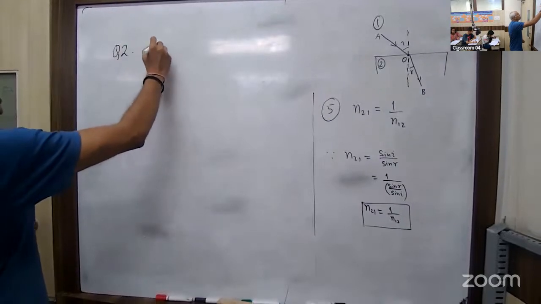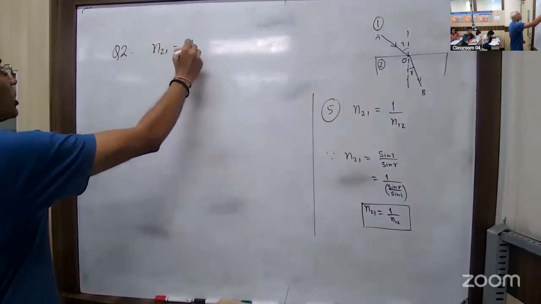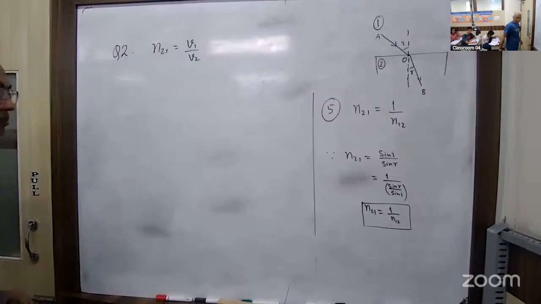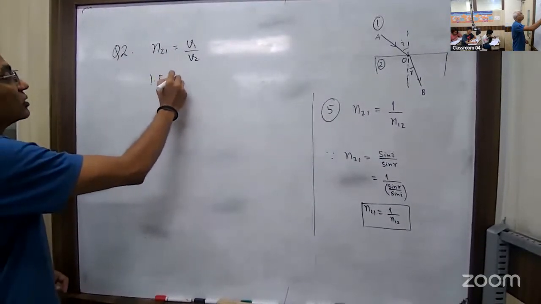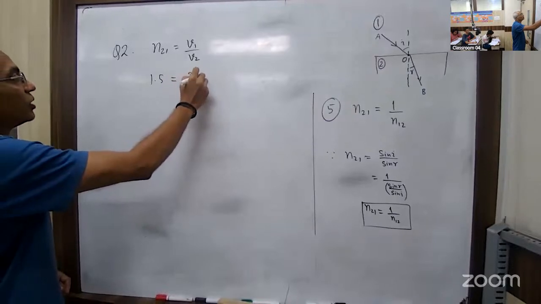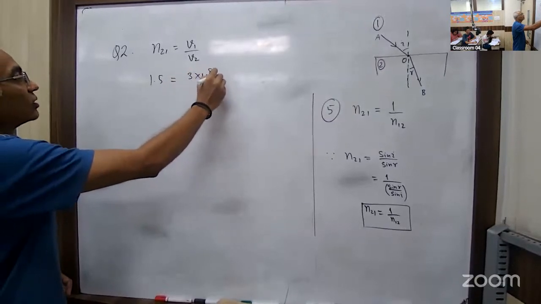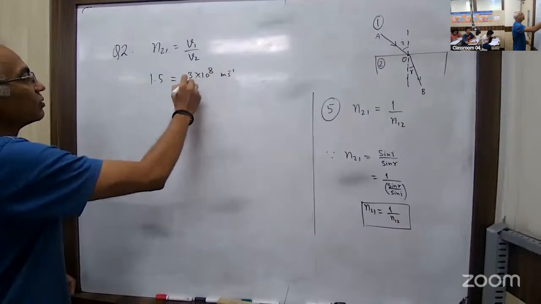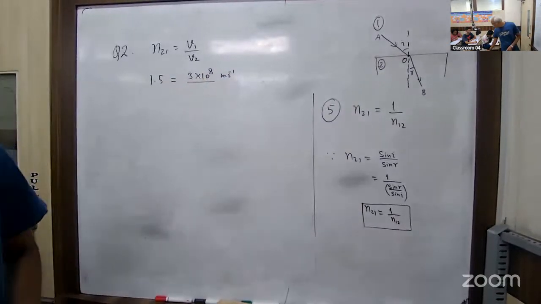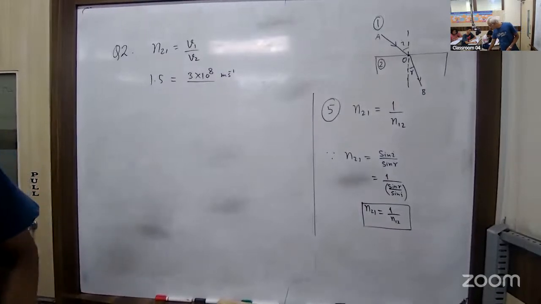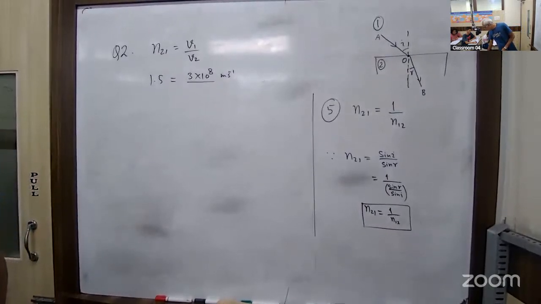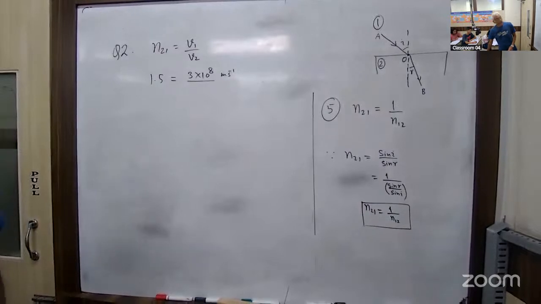Question 2: n2 bar is equal to c by v2. So what is given? 1.5 is equal to 3 into 10 raised to 8 meter per second divided by... where does it enter? Light enters from air to glass. What is the speed of light in the glass?